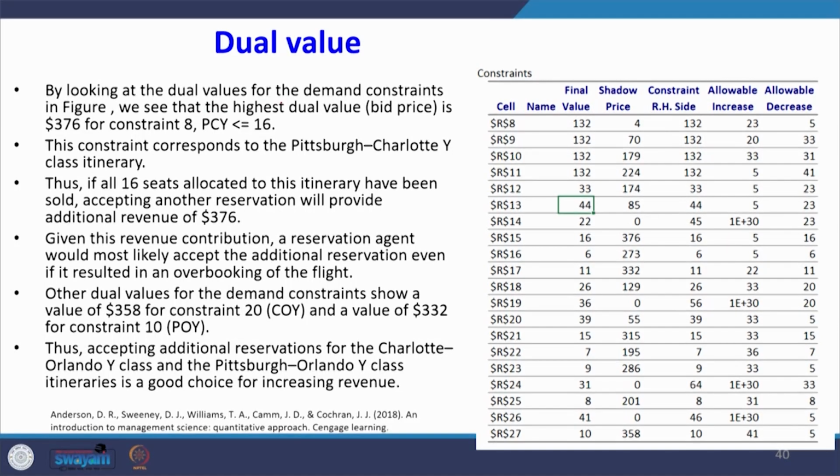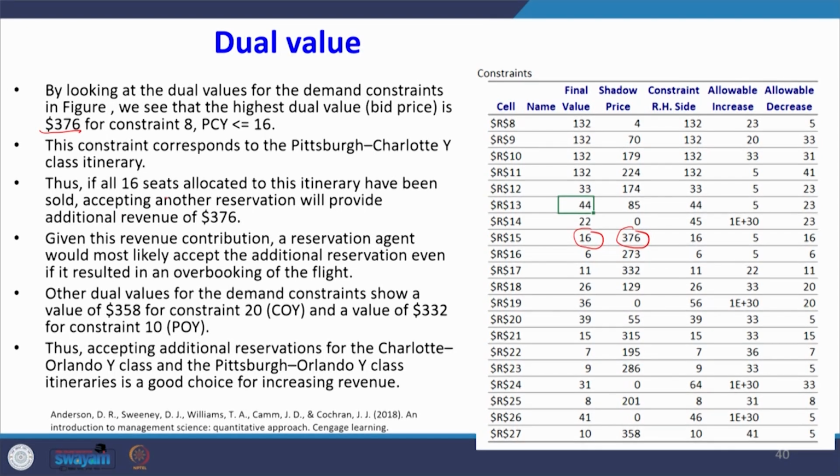By looking at the dual value for the demand constraint figure, we see that the highest dual value is 376. Where is that 376? Here. The number of seats allocated is 16. Okay. So, this constraint corresponds to the Pittsburgh Charlotte Y class itinerary.